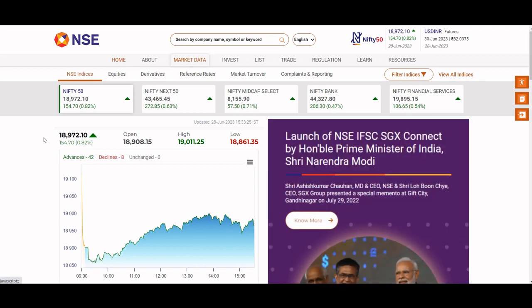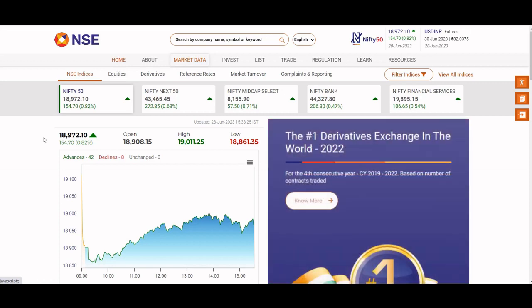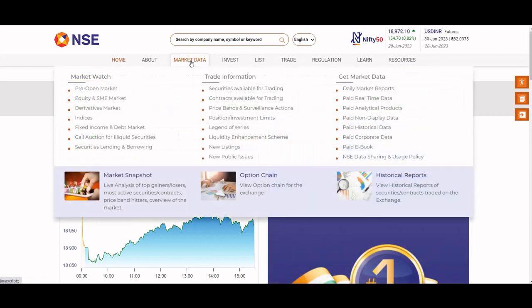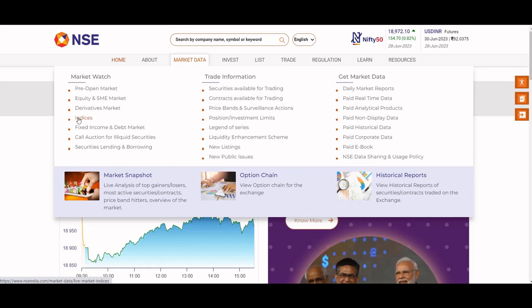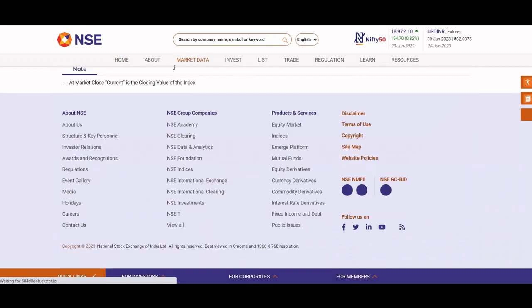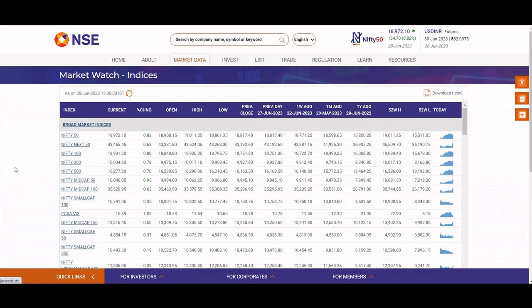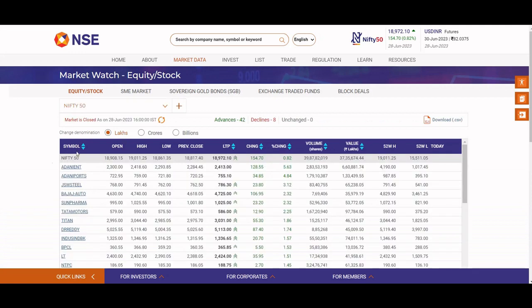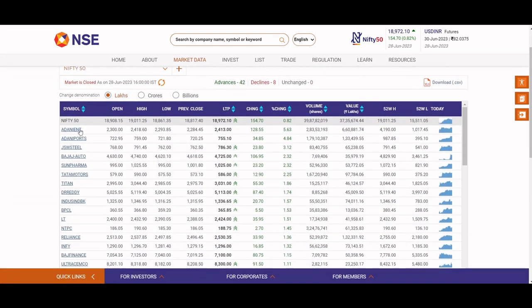Before that, let's look at the list of Nifty 50 stocks and what it contains. For that, I'm going to the NSE India website and inside that, to the Nifty 50. This is the Nifty 50 stocks list, which changes based on today's price movement.